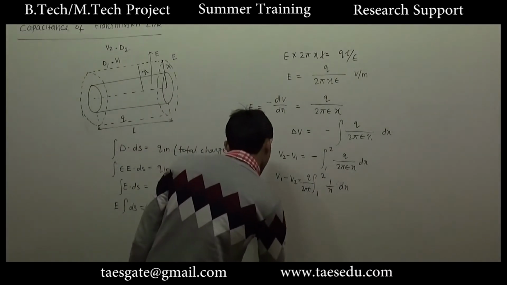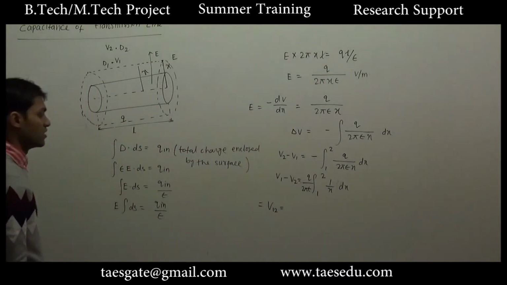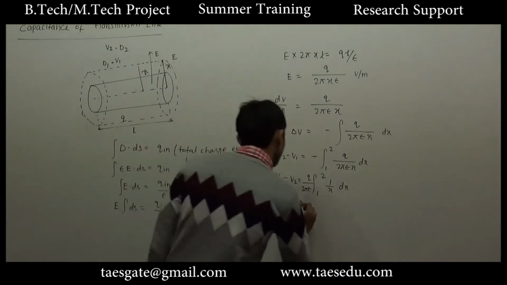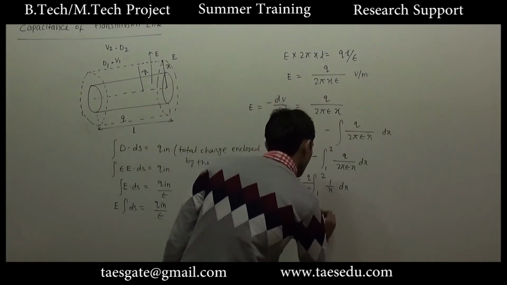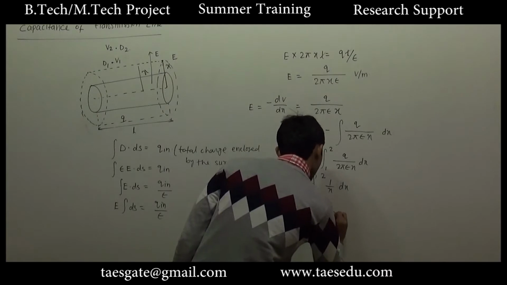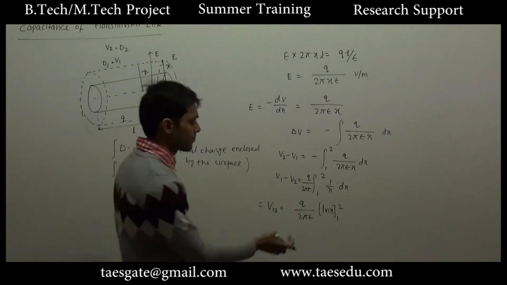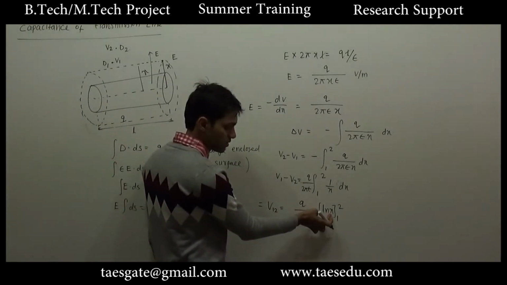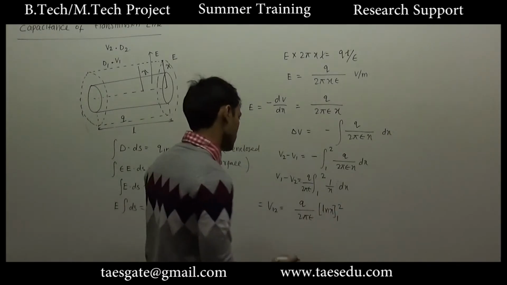V1 minus V2 can be written as V12, the potential difference V12, equal to Q divided by 2 pi epsilon, and this will give you ln x from 1 to 2. Okay, it means ln of the distance of position 2 minus ln of the distance of position 1.